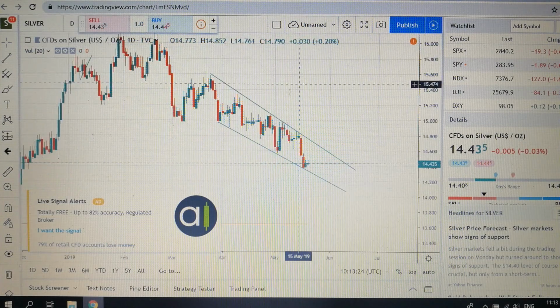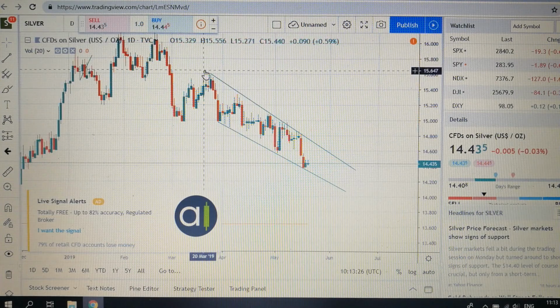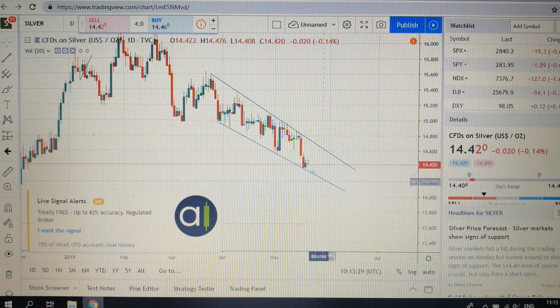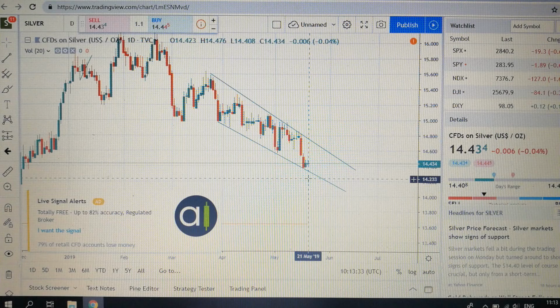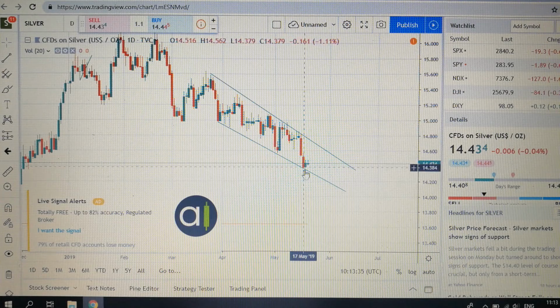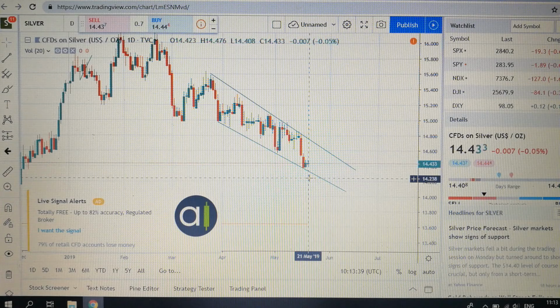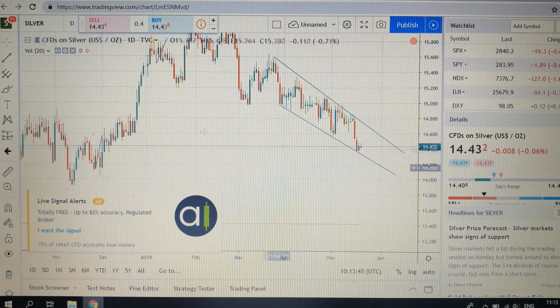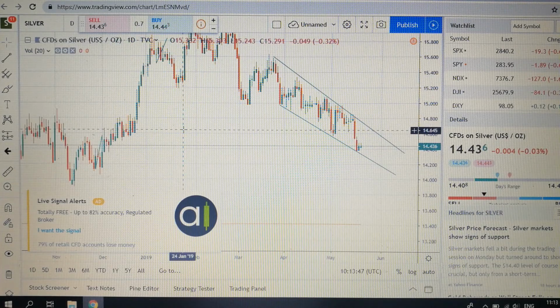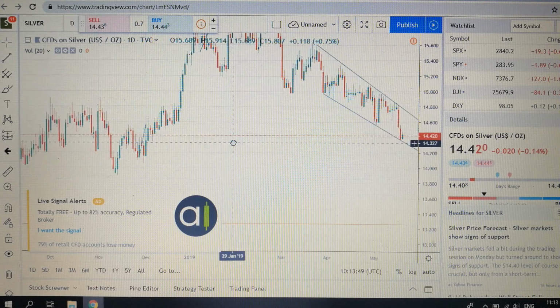Looking at it again, this is within the last week, a big downtrend. And this is currently today, 21st of May. Yesterday we were in the green, and it looks like the buyers and sellers are fighting it off for today. My key level of support would have been here at about 14.60. We broke through that now.